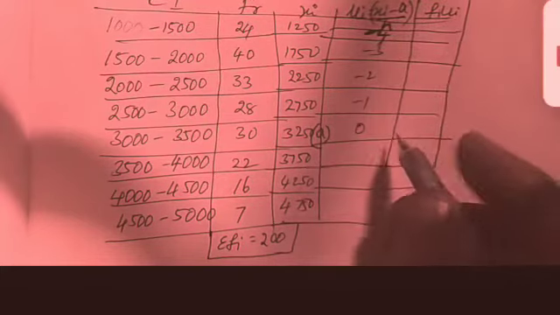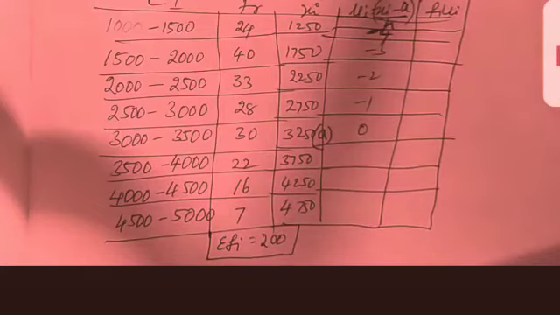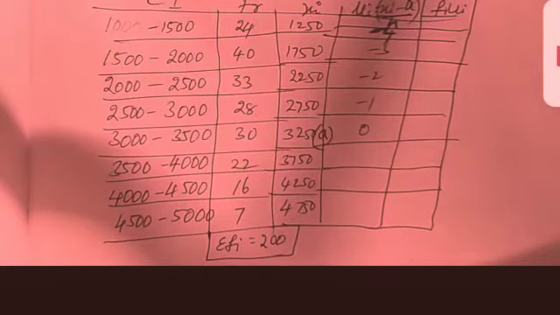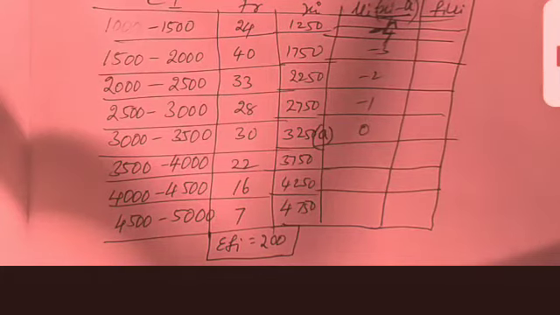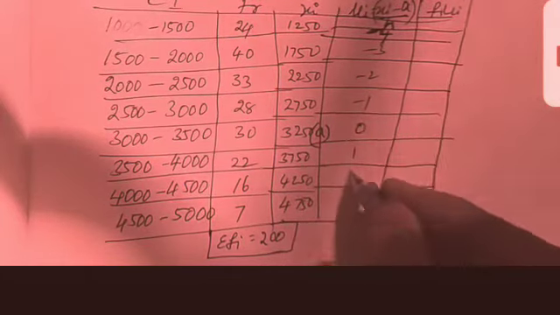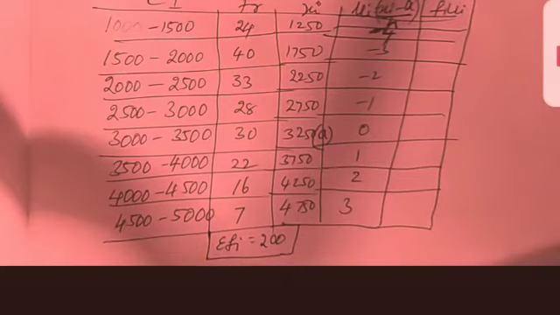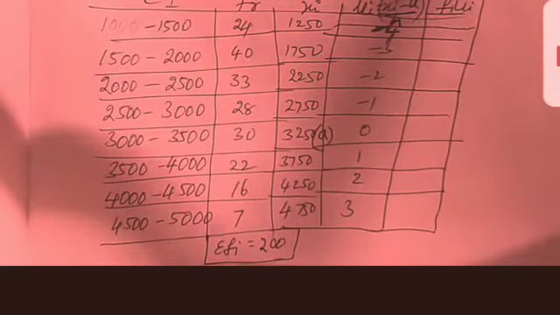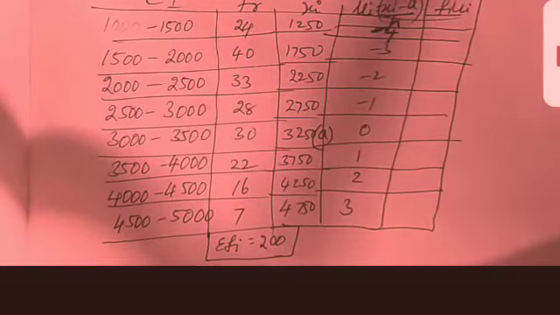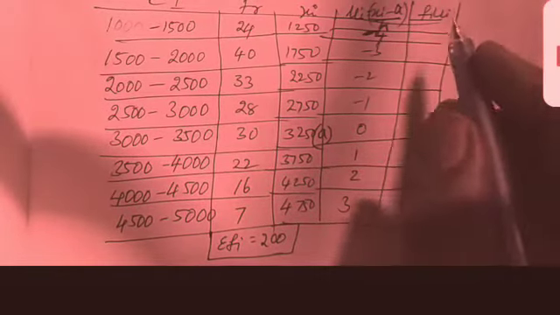Above numbers are all minus, below numbers plus: 1, 2, 3; above numbers 0, minus 1, minus 2, minus 3, minus 4, below numbers 1, 2, 3. Now just multiply Fi into ui.